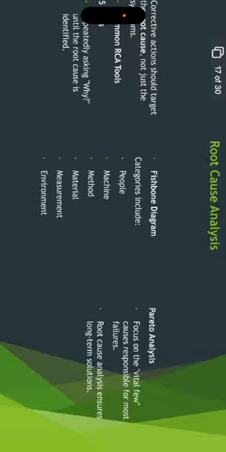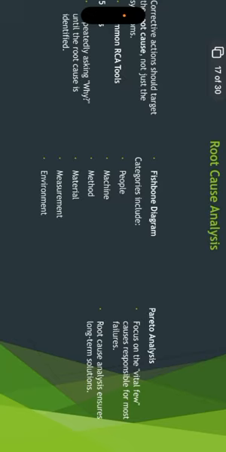So you can see that this is already answering those questions. People is who are the people that caused it. Machine, method, material, environment. Remember the 5 W's.